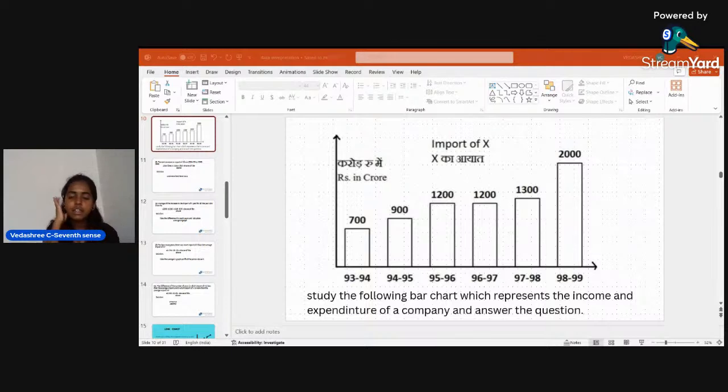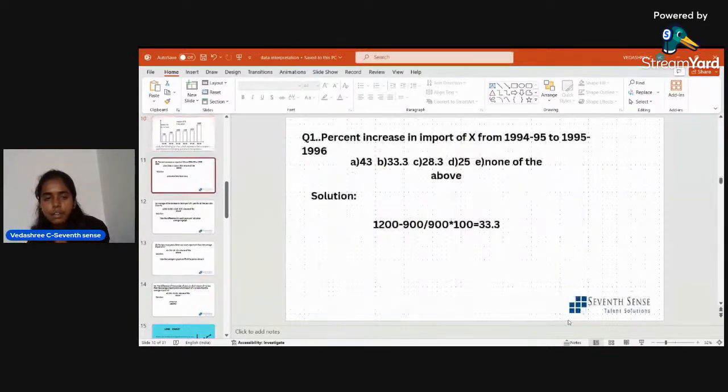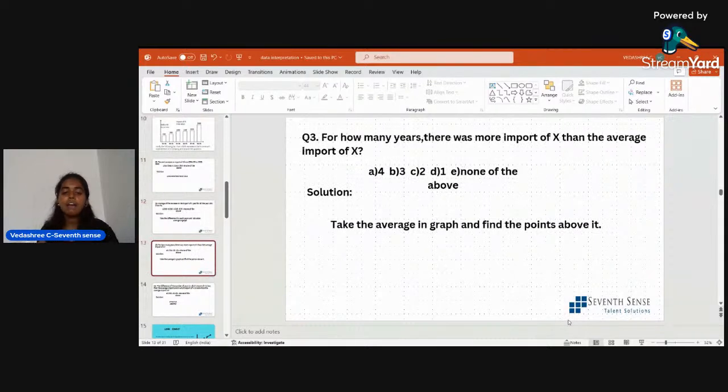For this question, the answer is 2. The average is something like 1 to 1.6. The import of X which is more than the average is 1300 and 2000.